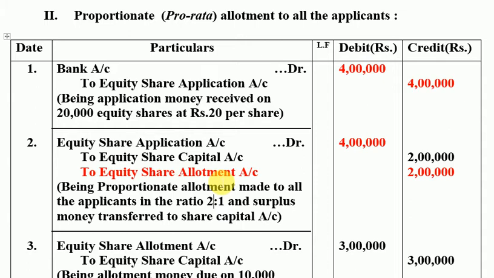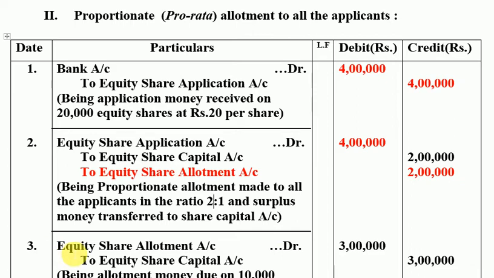It is transferred to the next immediate installment after application, and we all know that after application the next installment is share allotment, and this is how the entry is framed. So your 1000 surplus money is in this 2 lakh, which the company will call from all the shareholders when it makes the third entry due. And now let us see the third entry.